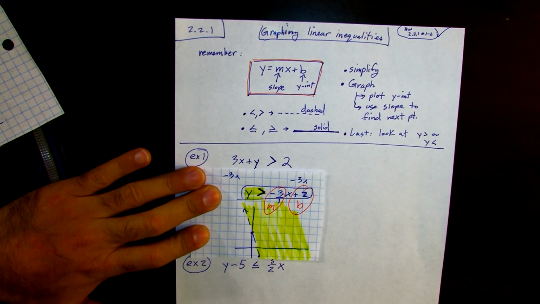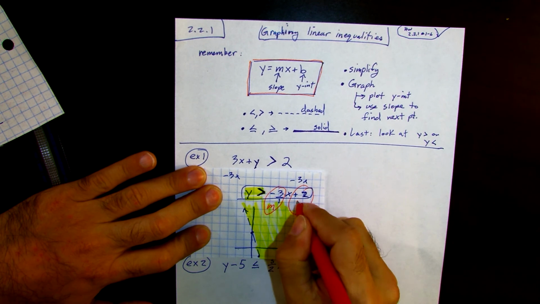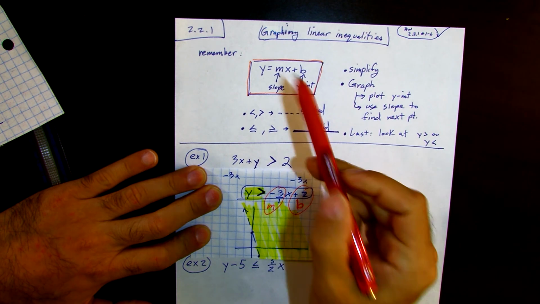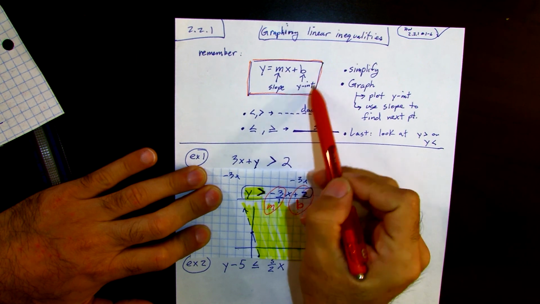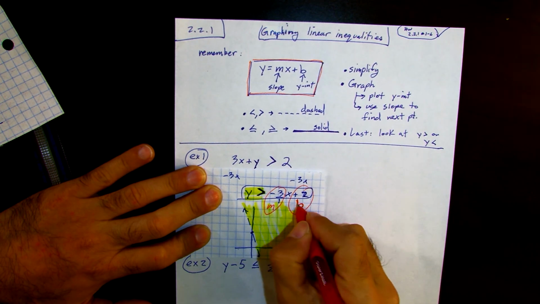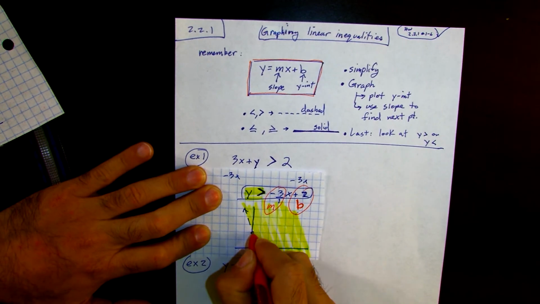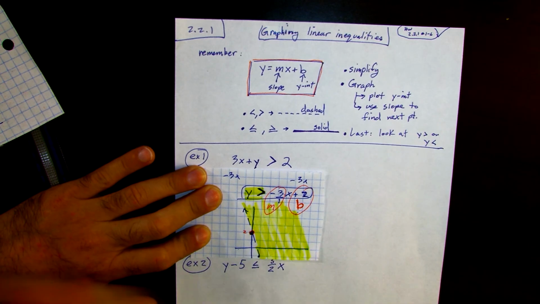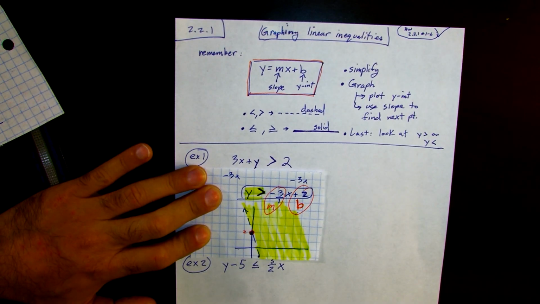The way that I got these 2 points: the first point comes from my y-intercept. Remember that with y is equal to mx plus b, our y-intercept is our b value. So our b value is 2, so that's why I put the 2 on the y-axis.